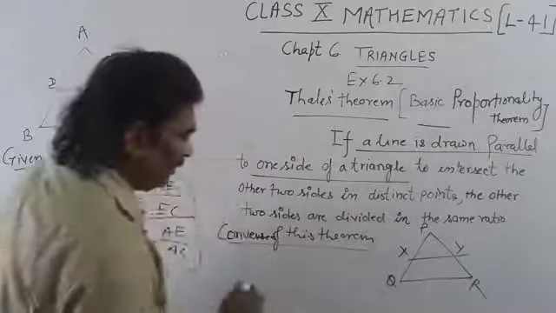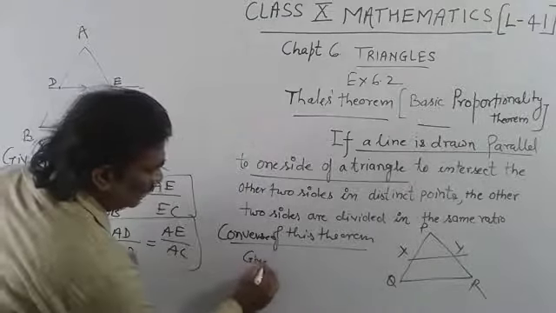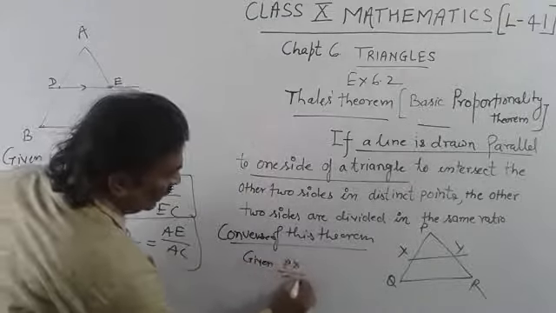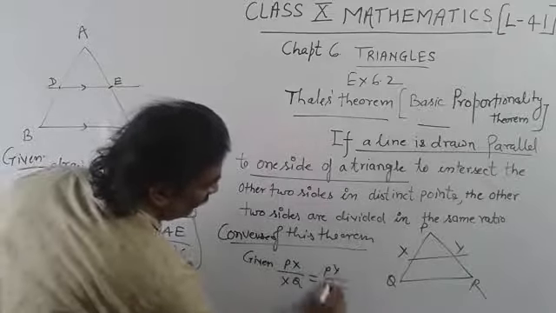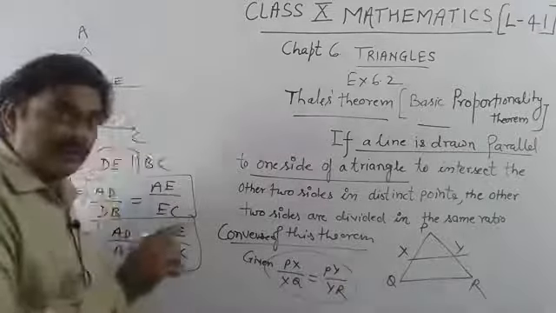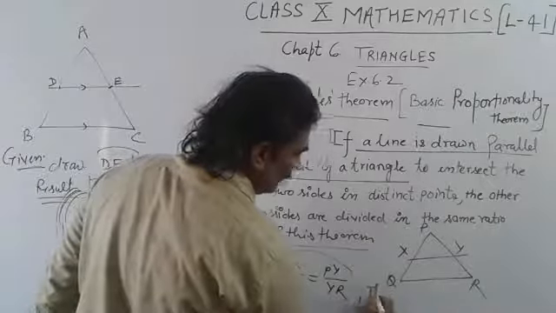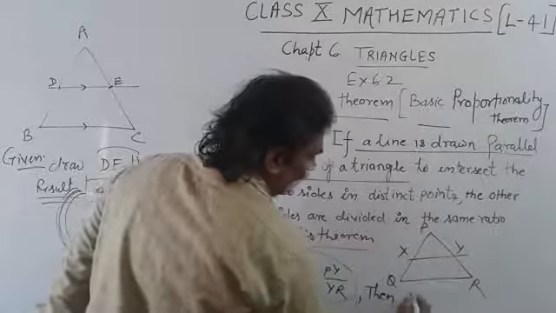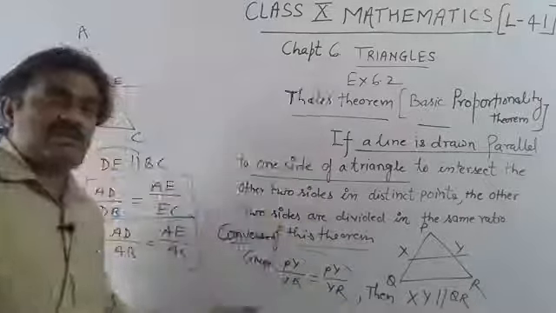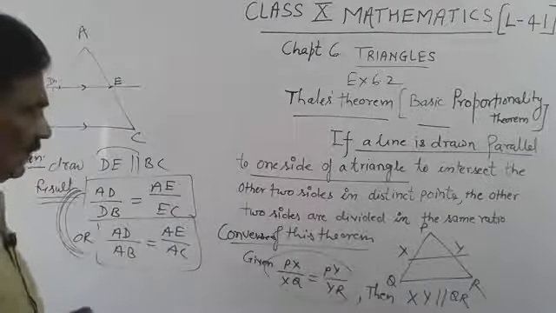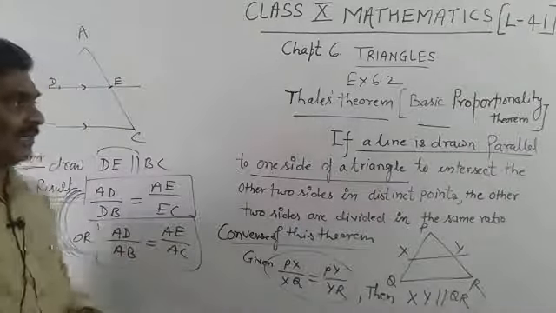So if it is given that PX upon XQ is equal to PY upon YR, this ratio is the same, then we can say XY is parallel to QR. So this is the converse of Thales theorem, and again I would like to repeat it.